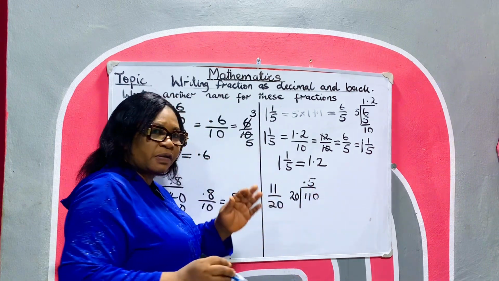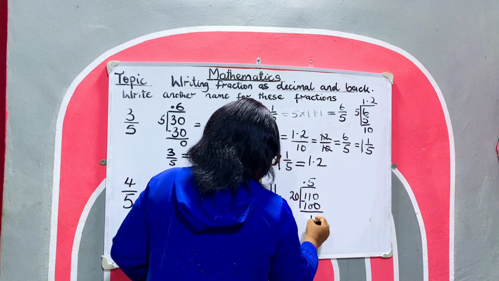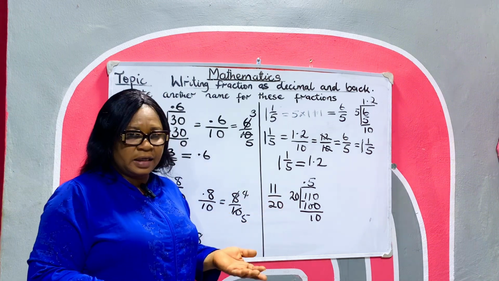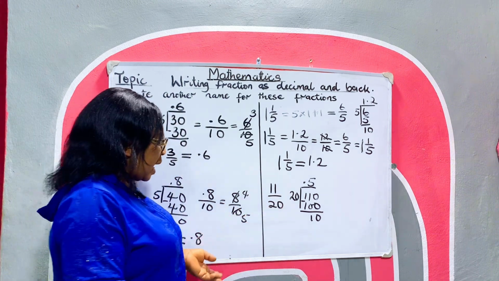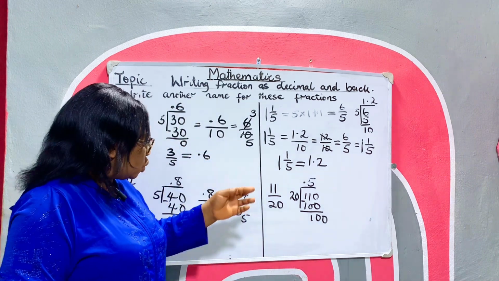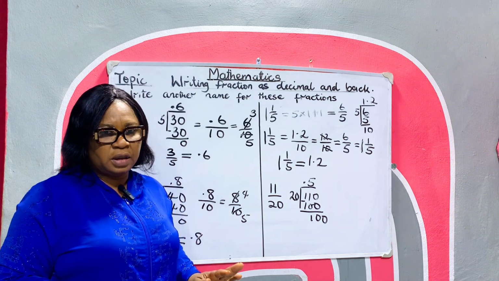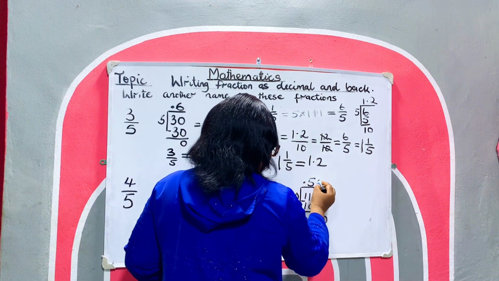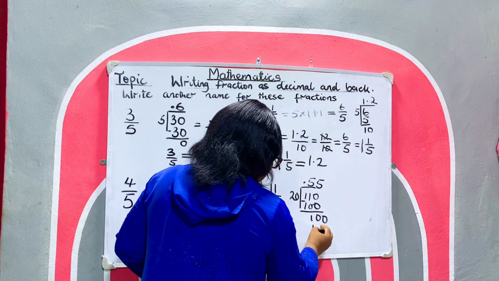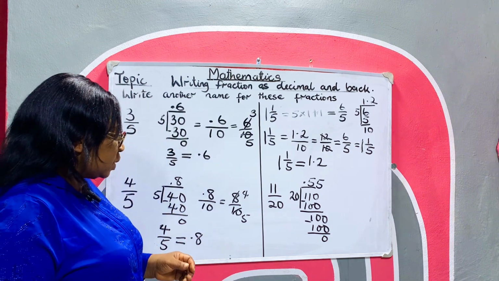So 20 times 5 will give us 100. When we subtract it, you see 10 is remaining. And there is not much 20 in the 10. So what do we do? We add 0. 20 divide 100, we have 5 twenties inside the 100. So we write another 5. So 20 times 5 will give us 100. And when we subtract, we have 0. Can you see it now?